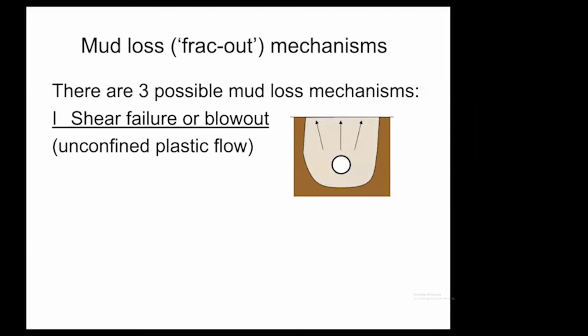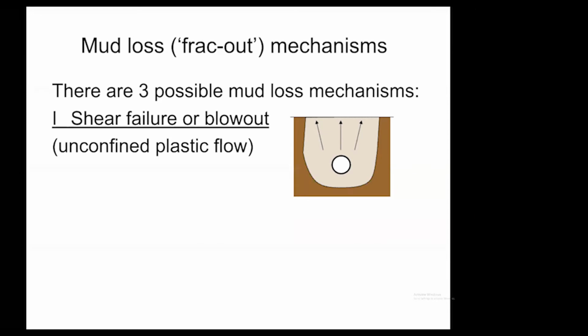Now, I want to talk a little bit about the possible failure mechanisms, and this phenomenon is generally called frac-out in the industry. But there are three potential mechanisms, two of which do not involve fracture of the surrounding soil. And the most important mechanism results from shear failure of the surrounding soil, or what's also called blowout.